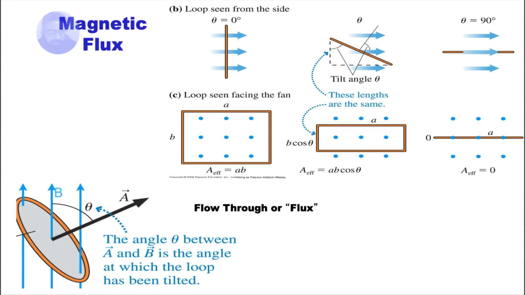So here's another case. We have magnetic field going up and we have a little loop which is at an angle, and so the area vector is normal to the surface of that loop.